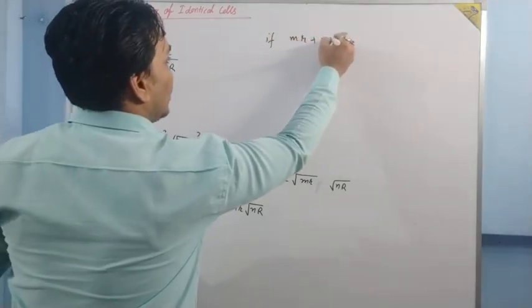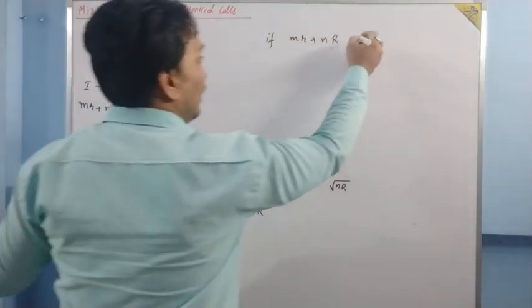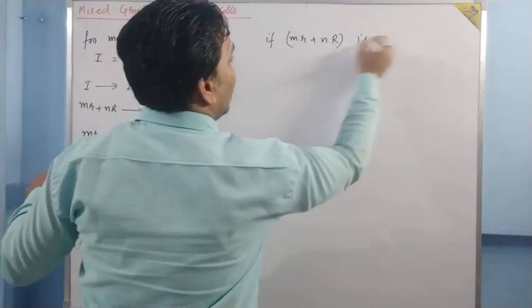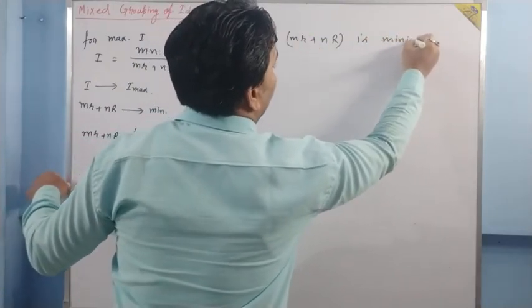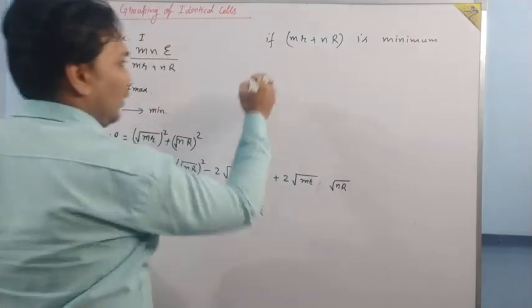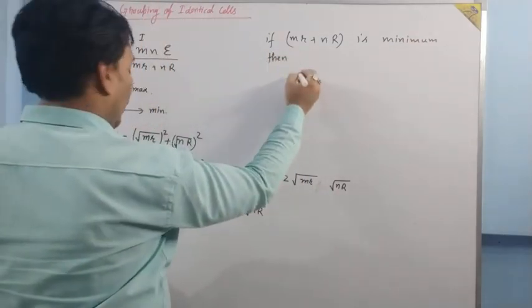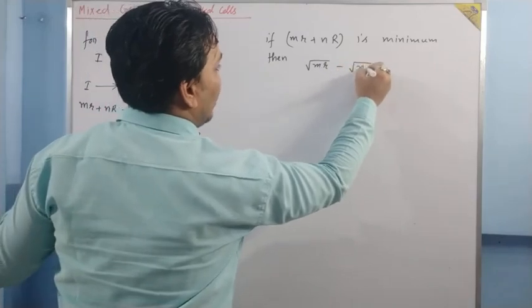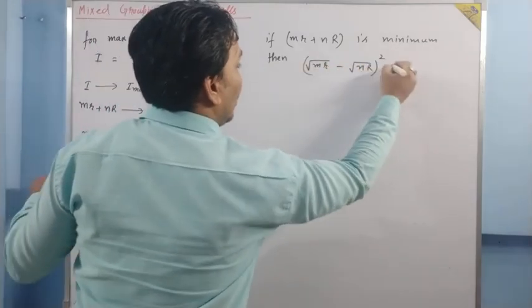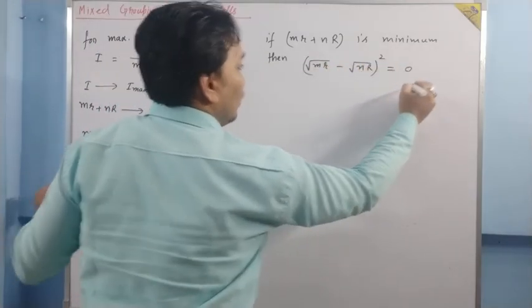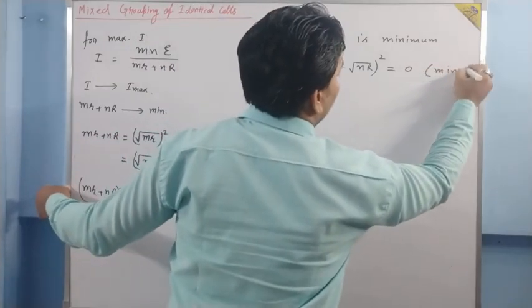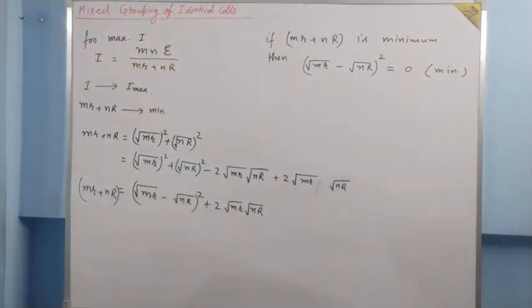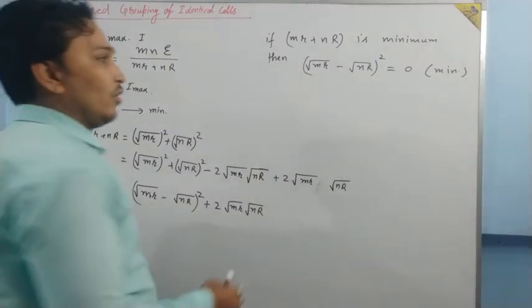So if mr plus n capital R is minimum, then we must say that root mr minus root nR whole square should be 0, because it is a whole square quantity and cannot be negative. So what minimum value can it have? 0. It is always non-negative.